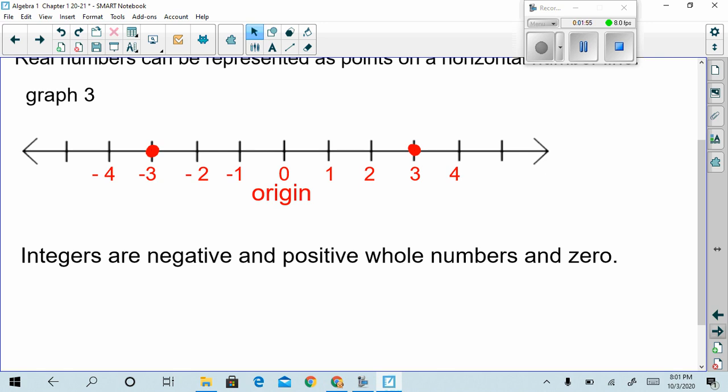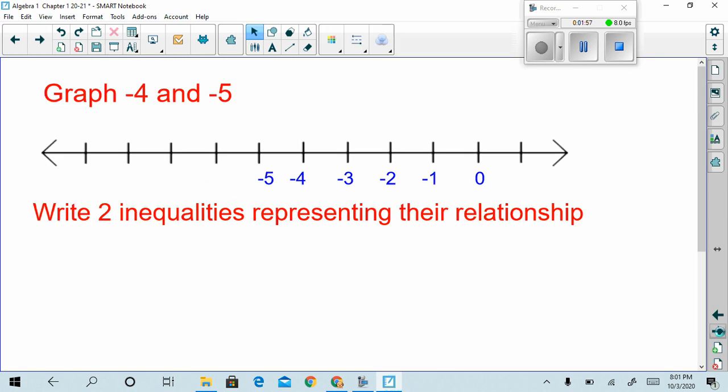Now that we know that plotting points or graphing points are just solid circles on the number line, let's graph 2 more points. My -4 at this interval and my -5 at this. They want us to write 2 inequalities to represent their relationship.